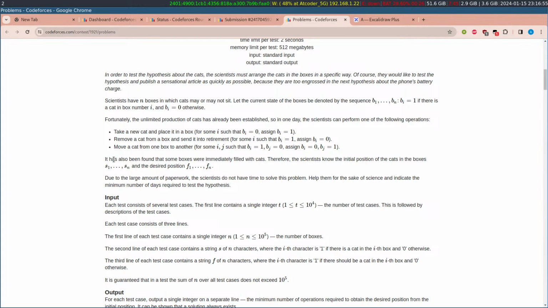It has been found that some boxes were immediately filled with cats. The scientists know the initial position of cats in the boxes, S1 up till Sn, and the desired position, F1 up till Fn. Due to the large amount of paperwork, the scientists do not have time to solve this problem, so for the sake of science, find the minimum number of days required to test the hypothesis.